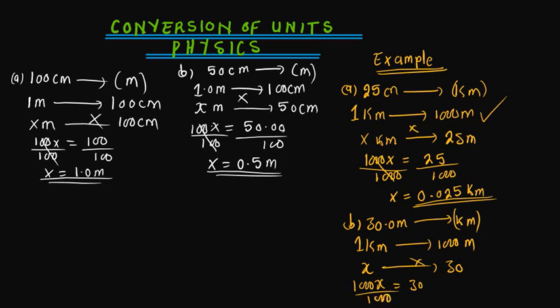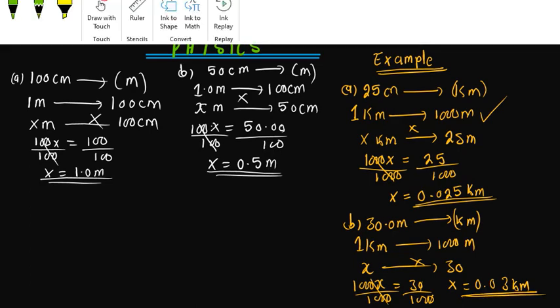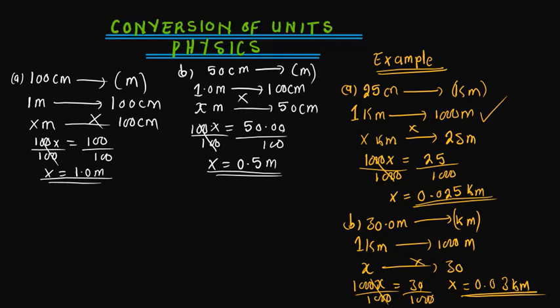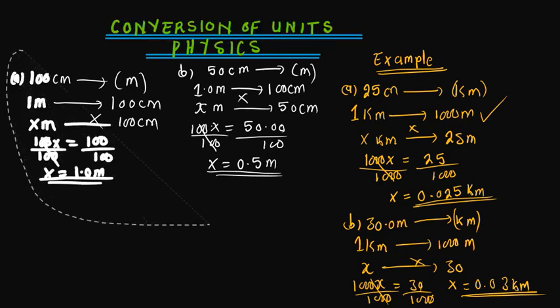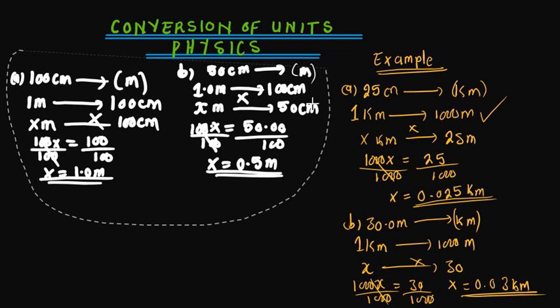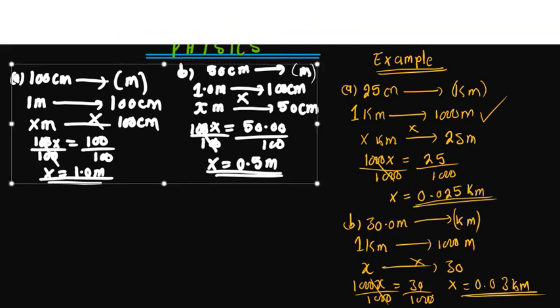If we divide by 1000 everywhere, we are going to have x equal to 0.03 kilometers. So it's that simple. Very, very simple. Let me just clear my board.